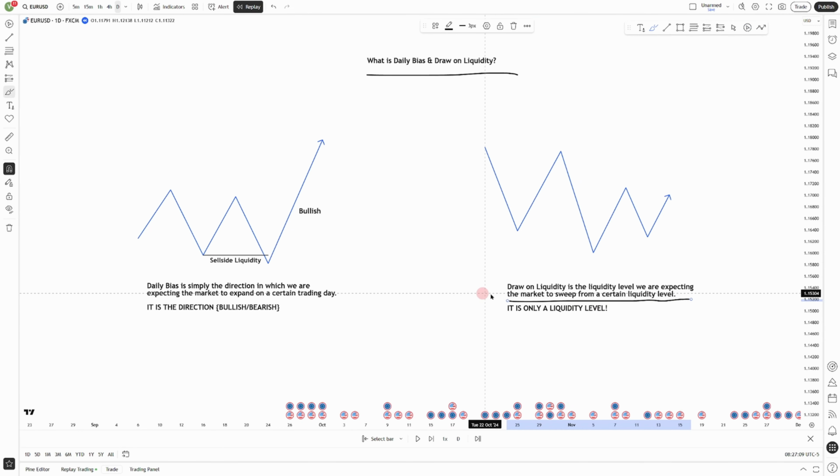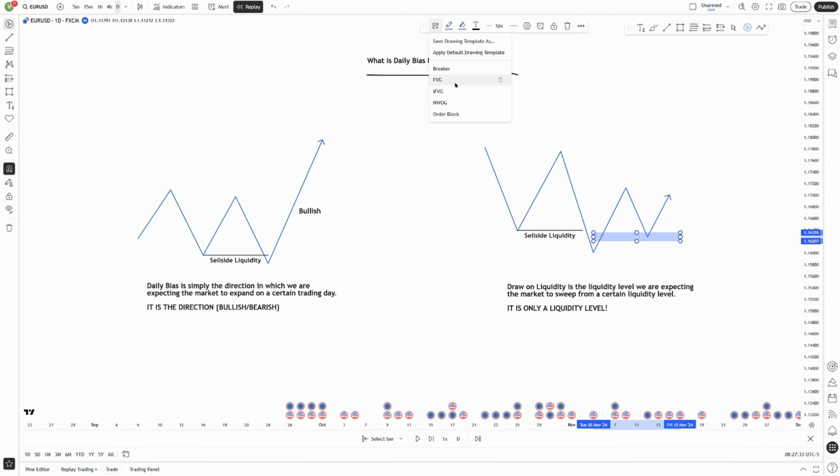Now the draw on liquidity is a liquidity level that we are expecting the market to sweep from a certain liquidity level. It should be a specific liquidity level that you are expecting the market to sweep. Look at this diagram. Suppose you have a sell-side liquidity sweep, and now price is at a fair value gap.